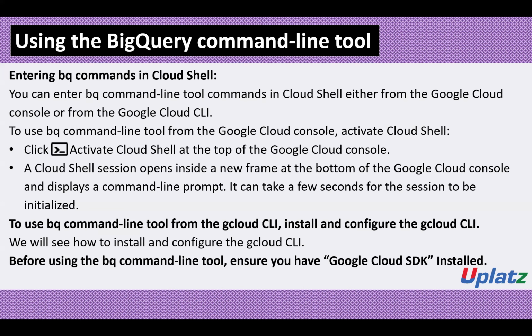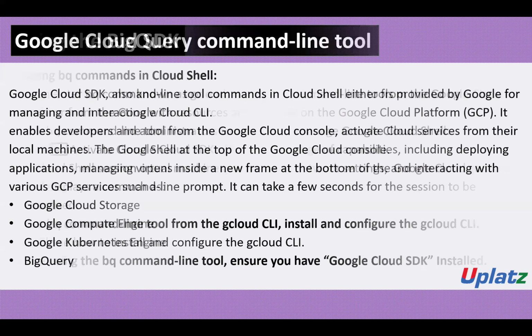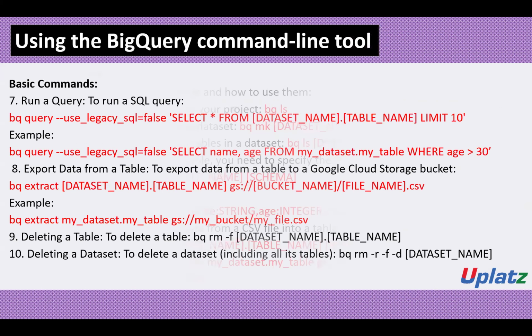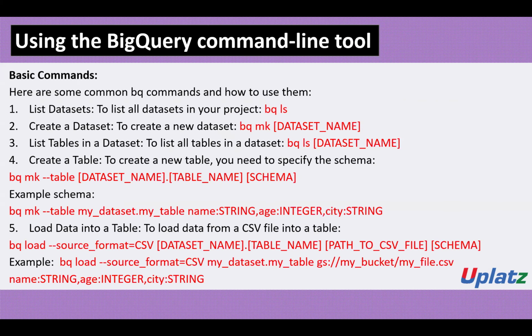Which command have we seen just now? For example, if you want to see the list of available projects, what's the command for it? bq projects list. If you write bq ls, it is going to show you the list of all the data sets. To list all the data sets, bq ls. If you want to see the list of tables present in a data set, you write bq ls followed by the dataset name.